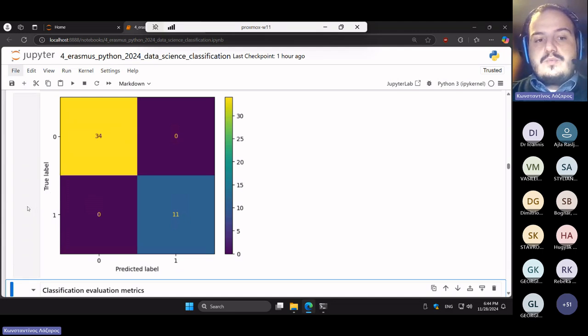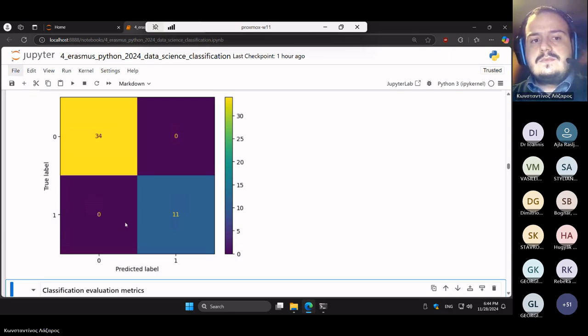So what does this really tell us in the end? It tells us that KNN with k equals 20 told us that 34 samples from our test set are considered to be zero, so they're not considered to be Setosas, and these 34 samples truly are not Setosas. On the other hand, if we move down the main diagonal, we see that KNN predicted that there are 11 samples within our test set that are Setosa flowers, and these 11 samples are indeed Setosas.